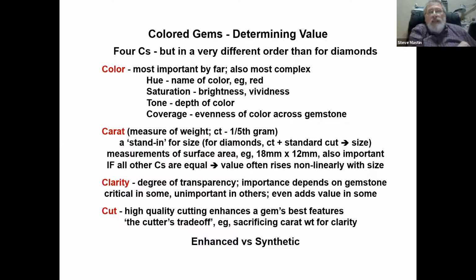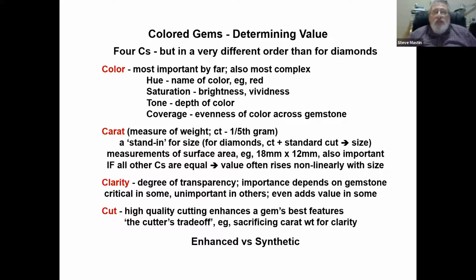And then finally, there's the cutter's trade-off. For diamonds, it's pretty straightforward. You get a diamond, you cut it to a classical shape, which is pretty much prescribed in books, and you make it sparkle as much as you can. So you sacrifice carat weight for clarity.